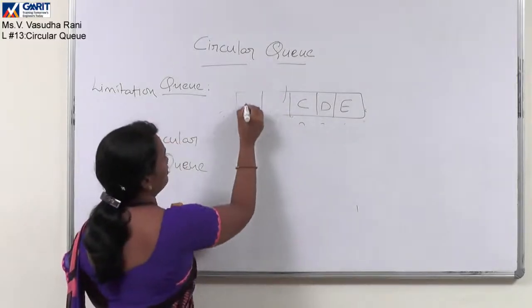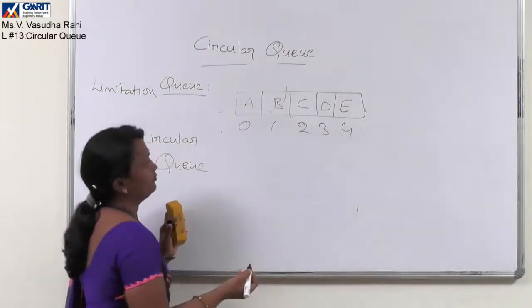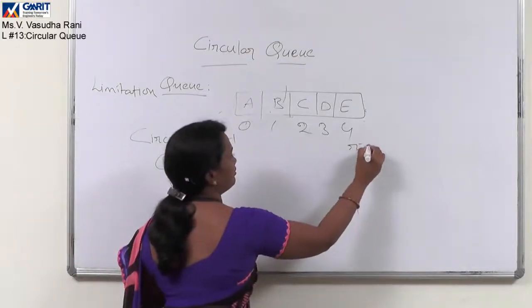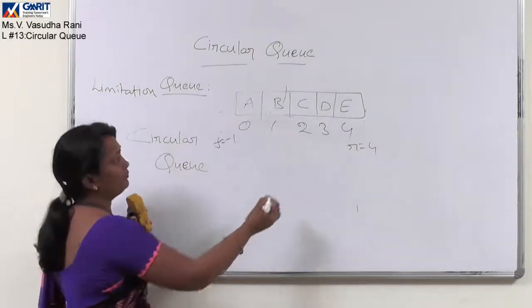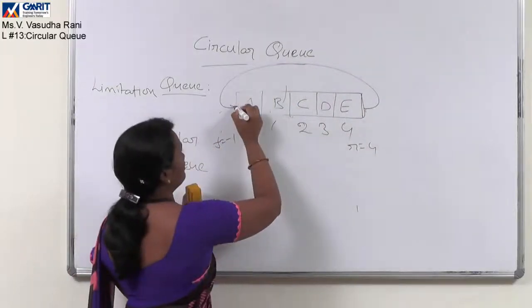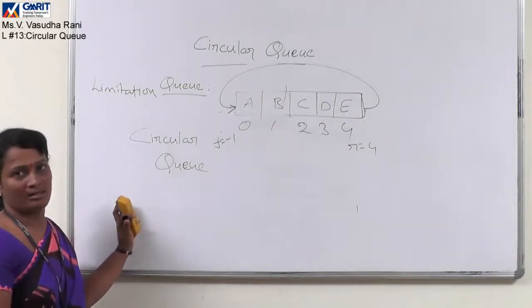This is our linear queue. This rear end will be joined with the front end of the queue to get a circular queue.